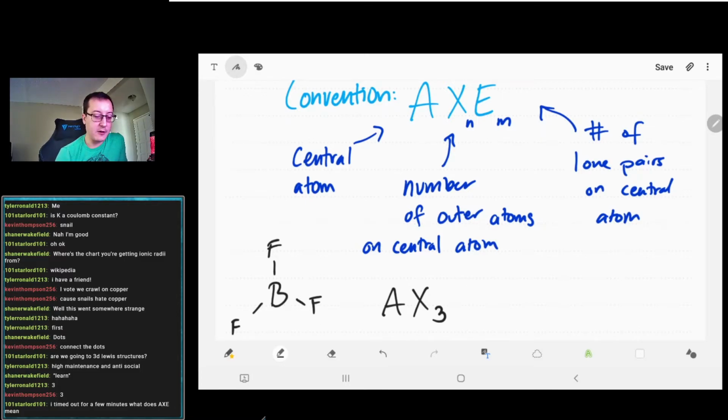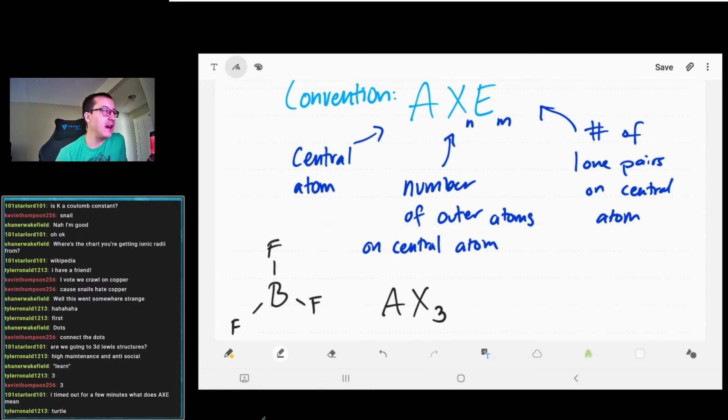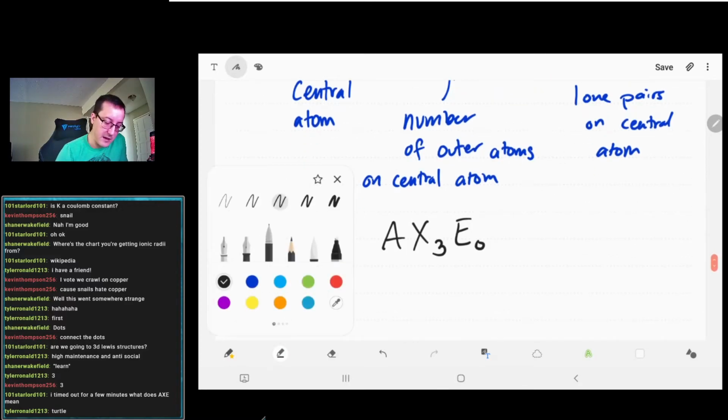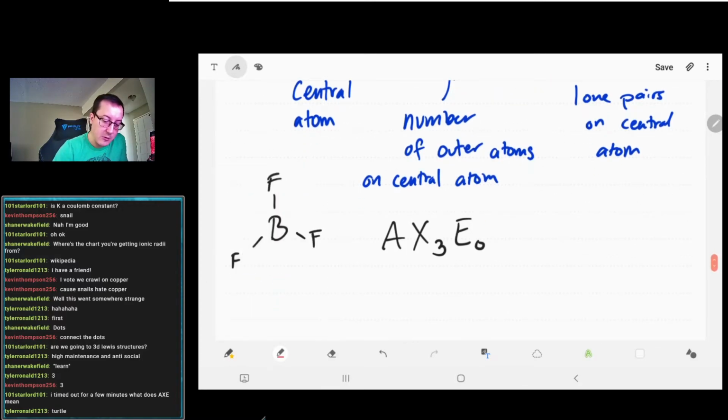These little arrows show what it means. So we describe BF3 as AX3. Yeah, now you're a turtle. We have one central atom and 3 outer atoms. And we technically have no lone pairs, but we typically will not even include that. Because if it's 0, who cares?